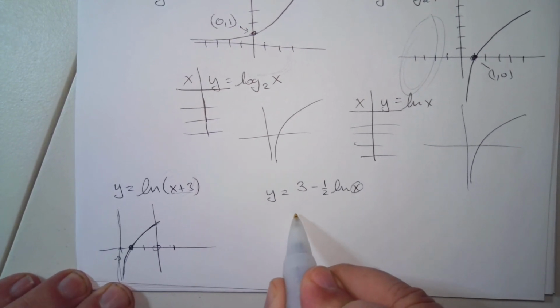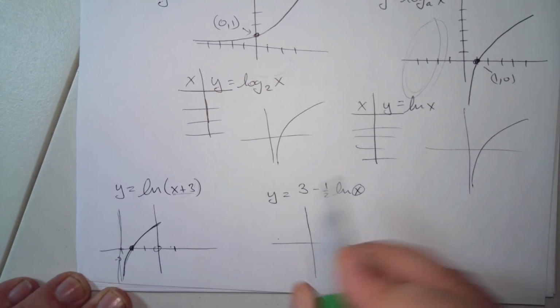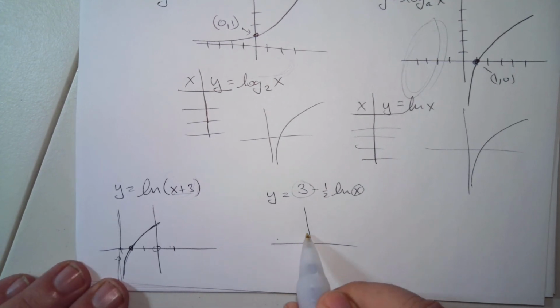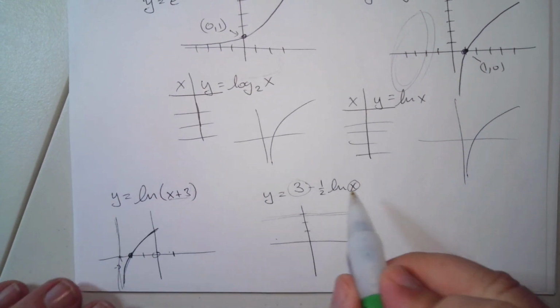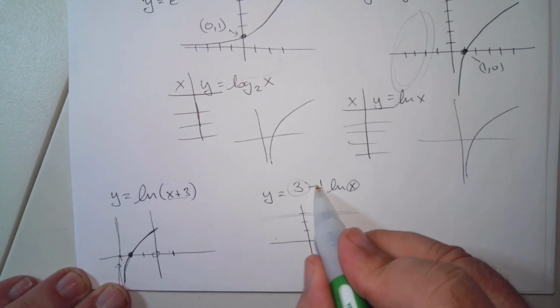So what this one means, this is the vertical shift. It goes up 3 spaces. So here's your new horizontal line. ln x looks like this normally, but it turned out to be negative.